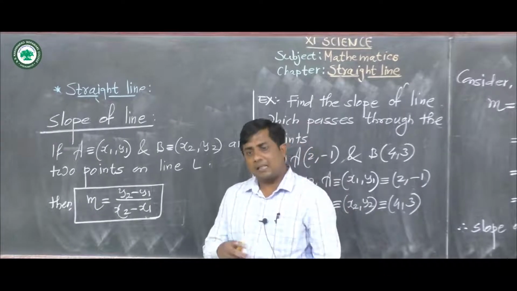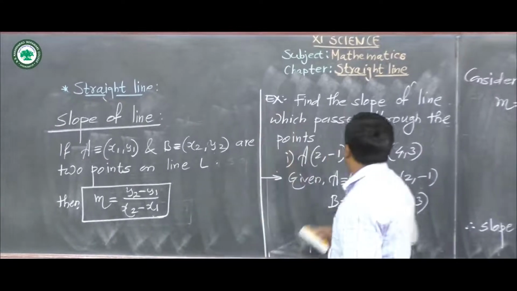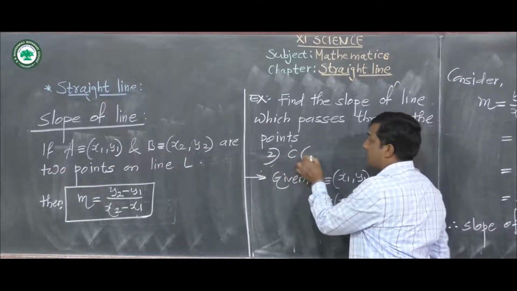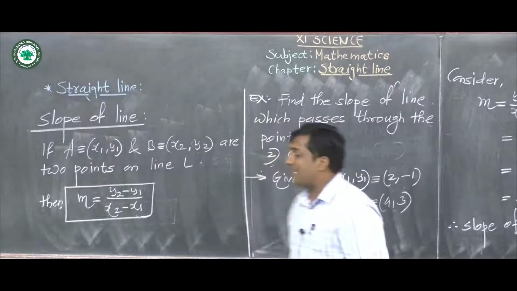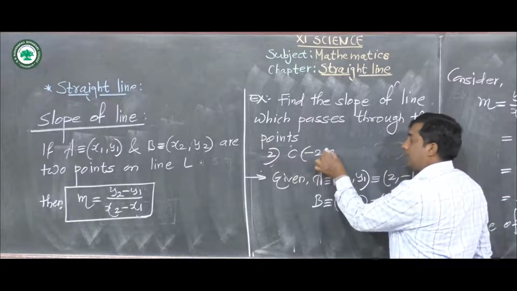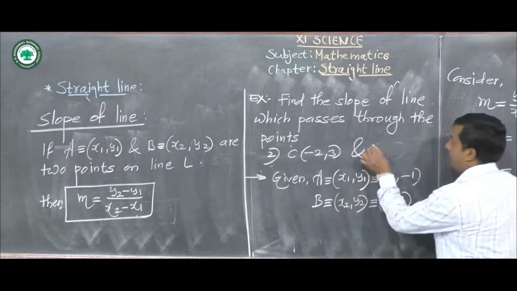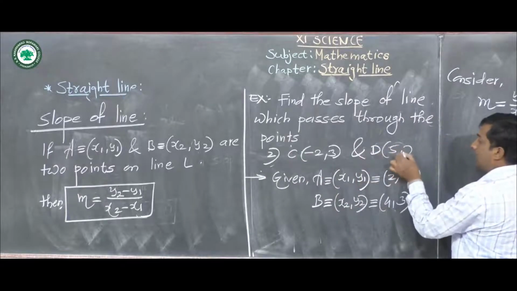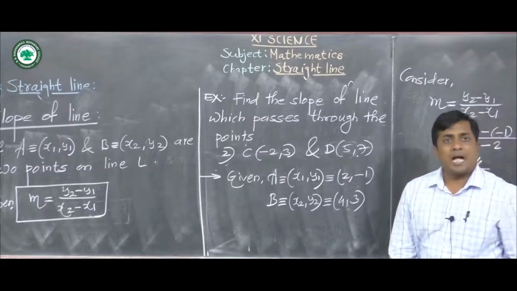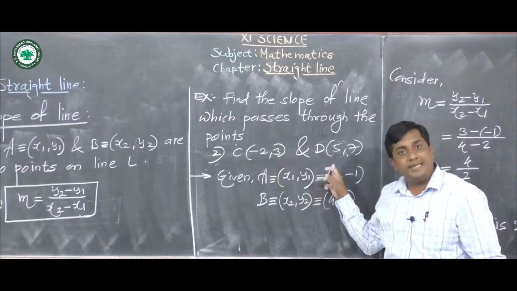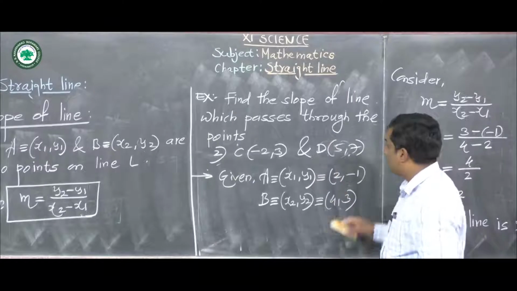Let us consider another example. Here we consider other points. Let's see the next one. C is having minus 2, 3 and D is having 5, 7. Again, our line passes through these 2 points C and D. Let's define these two first.